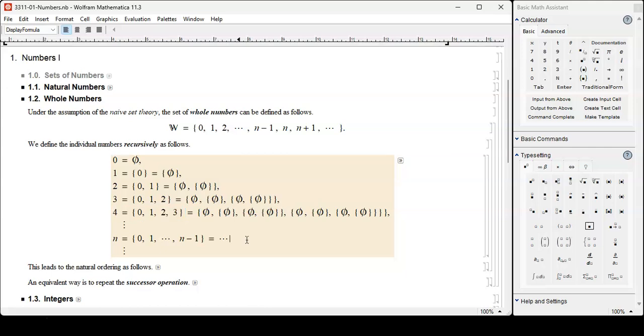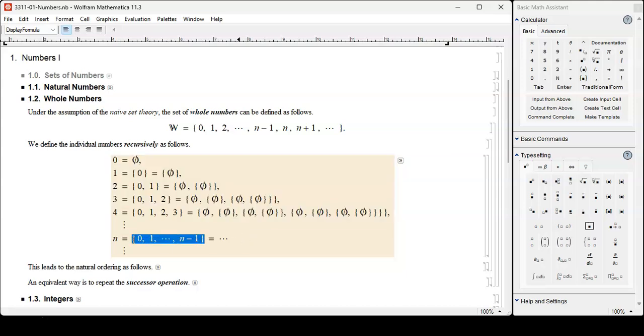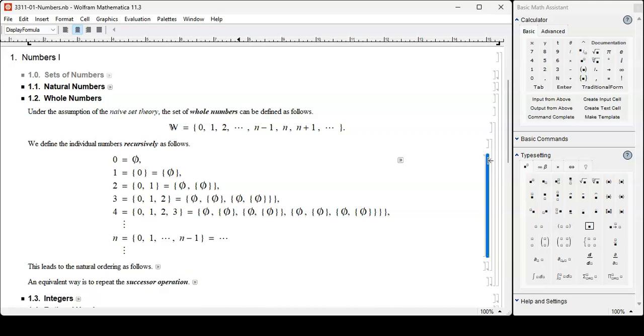In general, I can define n as the set {0, 1, 2, 3, 4, 5, and so on, all the way to n minus 1}. And all those numbers are already defined earlier. So this definition is perfectly valid. And then we can go on forever. This kind of definition is called a recursive definition. And if you take the viewpoint of axiomatic set theory, then we, as a matter of fact, need another axiom that the recursive definition, or inductive definition, can go on forever. The axiom of infinity is needed, but we are not doing axiomatic set theory, so let's accept this.